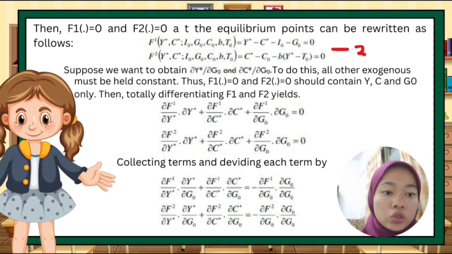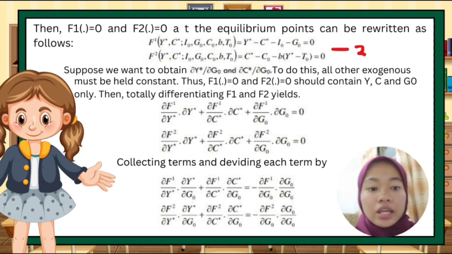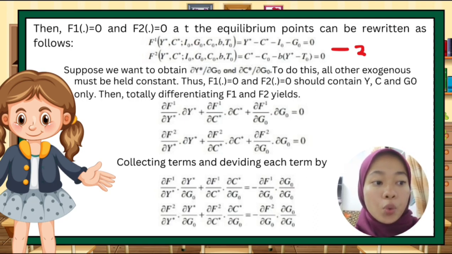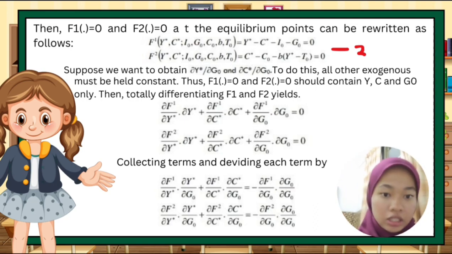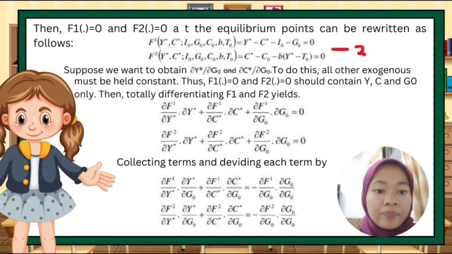Suppose we want to obtain delta Y per delta G and delta C per delta G. To do this, all other exogenous variables must be held constant. Thus, F1 equals 0 and F2 equals 0 should contain Y, C, and G only.